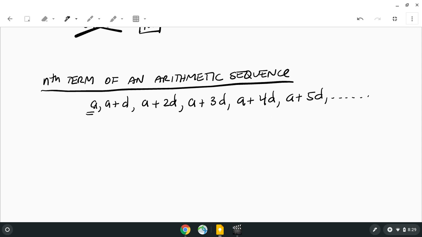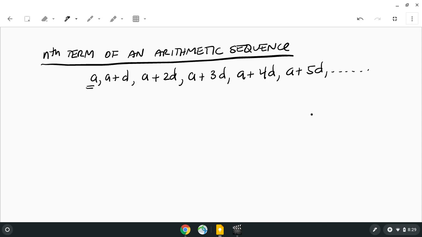Because remember, to get to the next term, you just add D. So to go from here, you have to add D five times to get there, and that's a total of 5 Ds. So that's going to play an important part later on when we start looking for the nth term formula, and you're given only very specific terms.